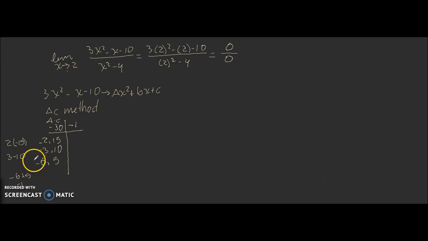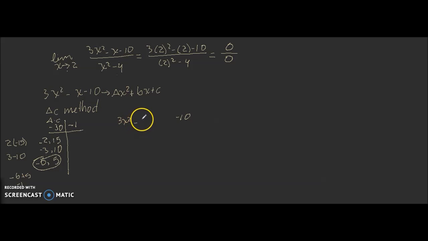So this is the set of factors that I'm going to use in order to factor this expression. Now, how do you factor it? Well, you take the first and the last and you leave them alone for now. So 3x squared and minus 10. Now you take the minus 6 and 5 and you put x next to each.